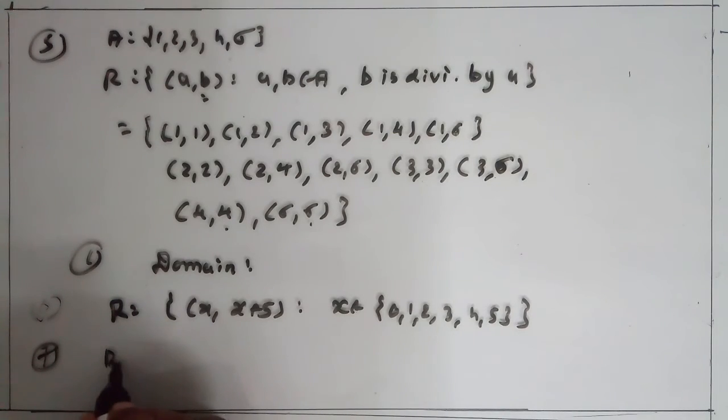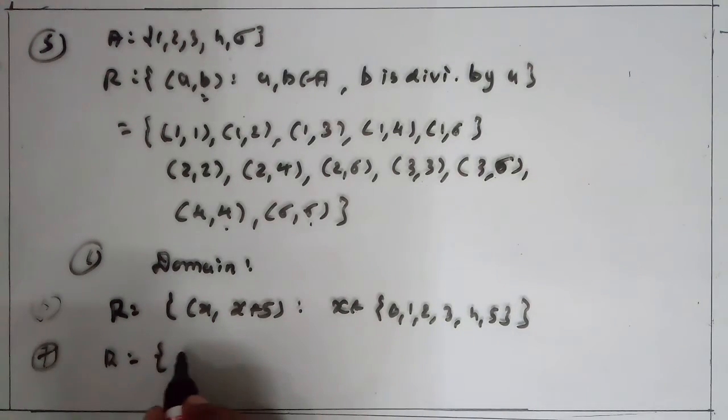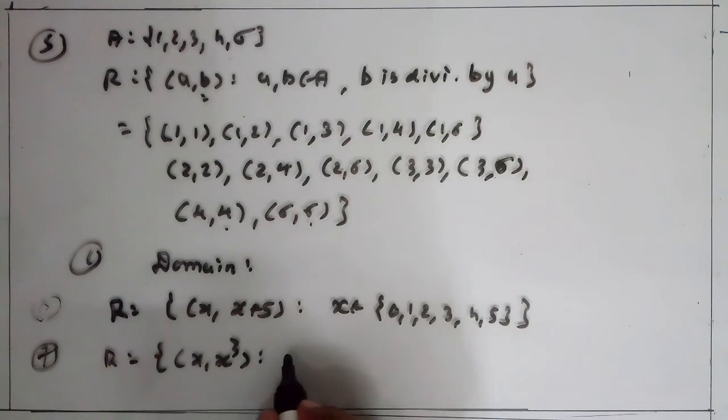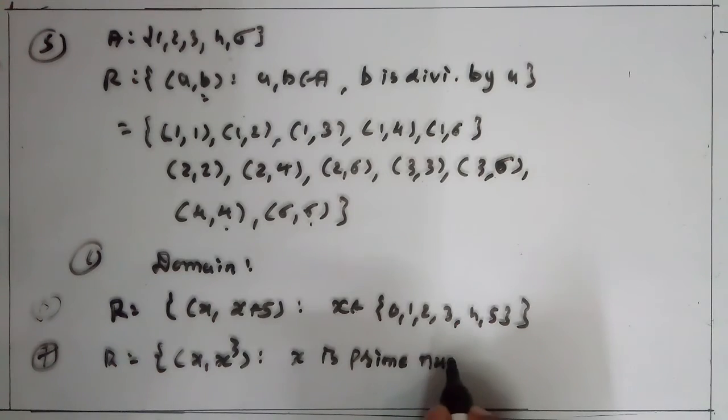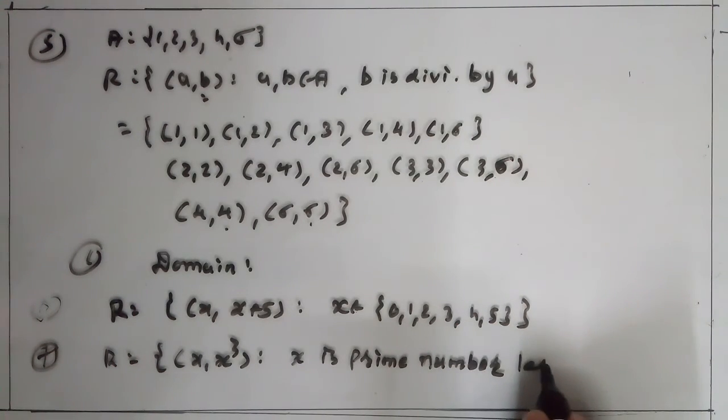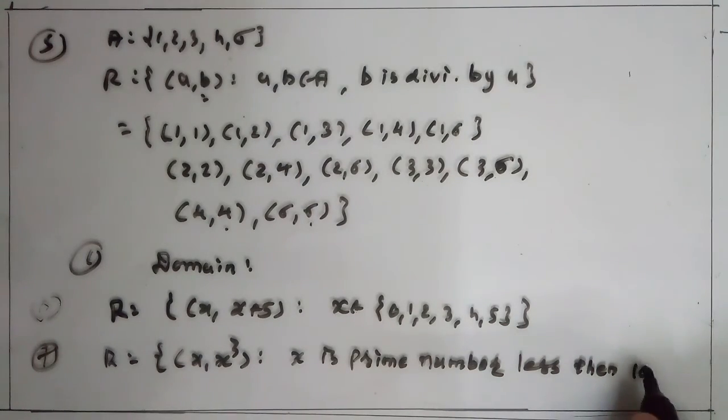Question number 7. Write the relation R equals (x, x raised to 3), x is a prime number less than 10.